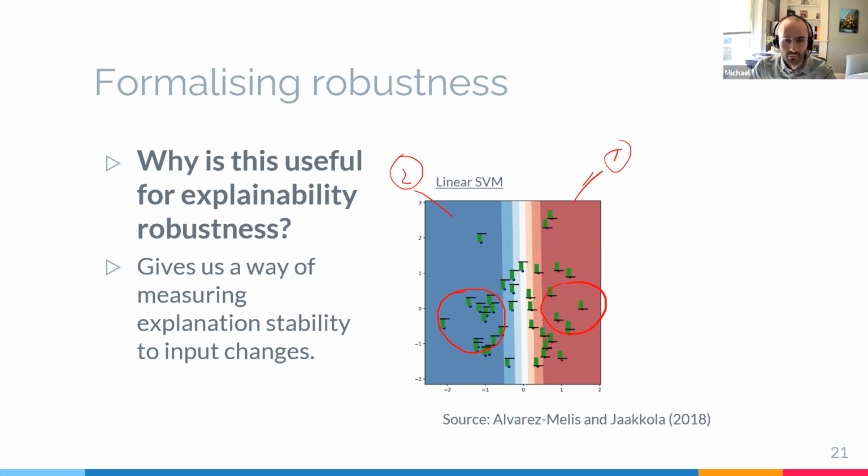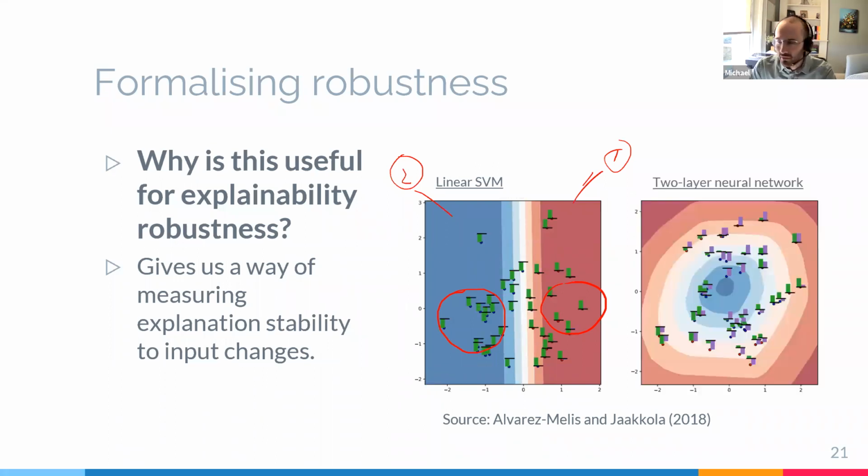We'd expect that given it's a very simple linear model. However, if we look at a slightly more complex model, a 2-layer neural network, we can see that the classification result is now nonlinear. We get these contour type boundaries, and there's also far more instability in the explanation result.